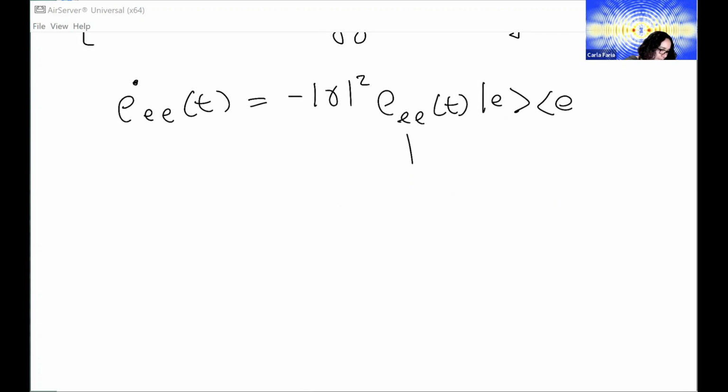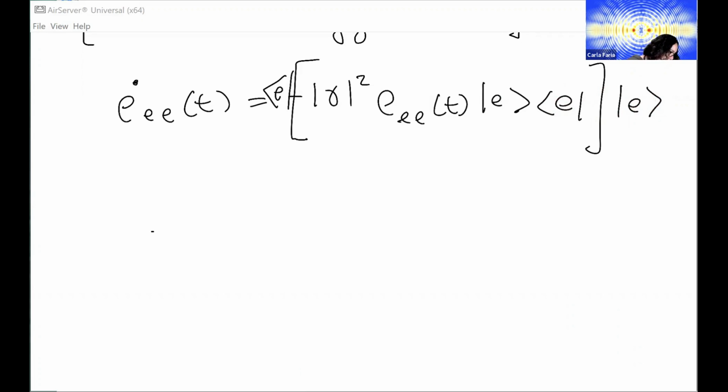Now we said we multiply from the left and from the right, right? So we're going to have here a bra coming from the left and a ket coming from the right. So you see clearly when you act upon these projectors, this is one, this is one.